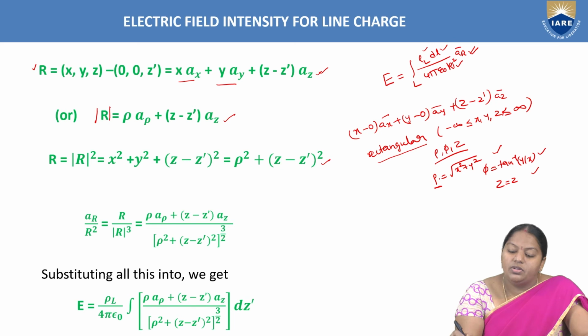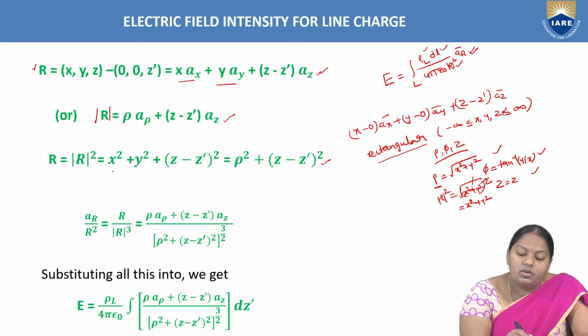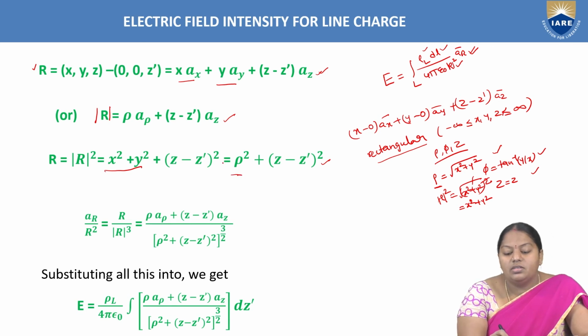We find its modulus, rho square, which is root of x square plus y square whole square; the square root gets cancelled, and x square plus y square remains. Hence x square plus y square is replaced by rho square, and z minus z dash whole square remains the same. So modulus of r square equals rho square plus z minus z dash whole square.